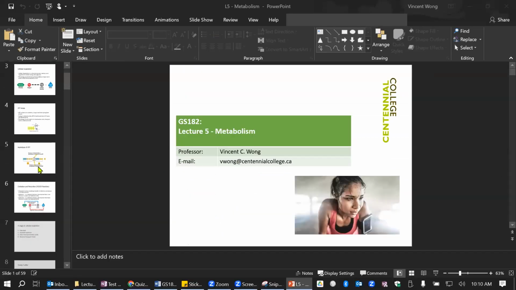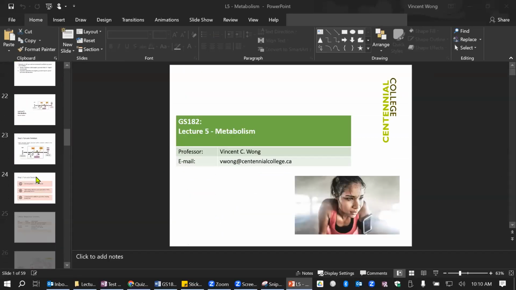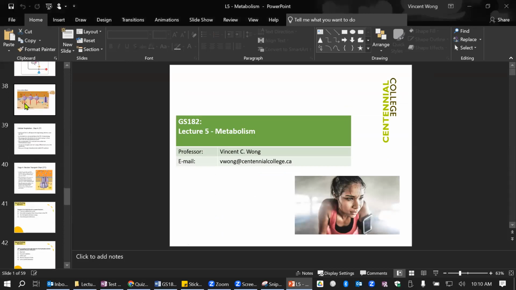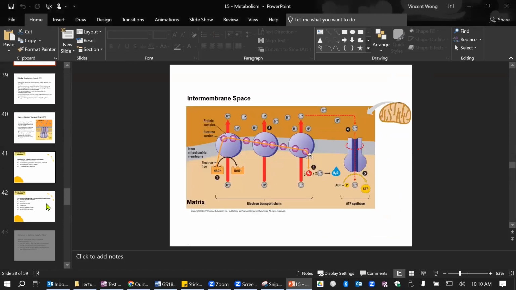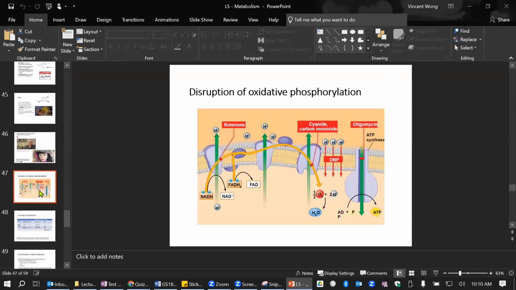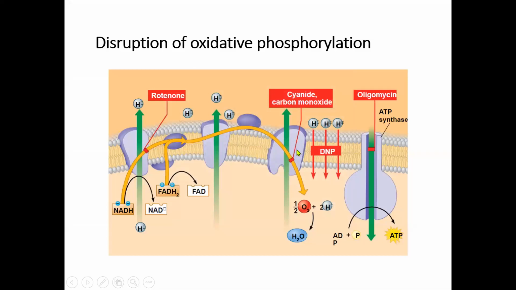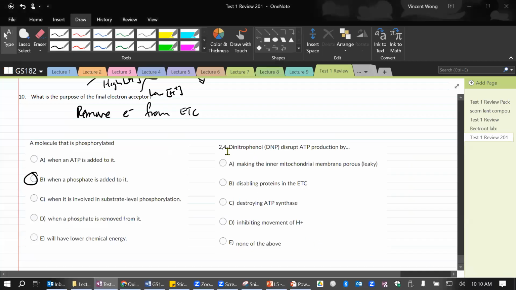All right, let's take a look at our poisons. Oh, that's not the poison page. This is the poison page. Right? Look. DMP is right here. Look at the picture. What do you think is the right answer now?